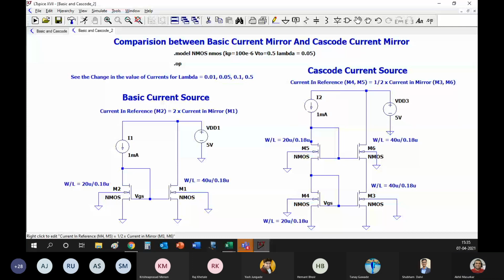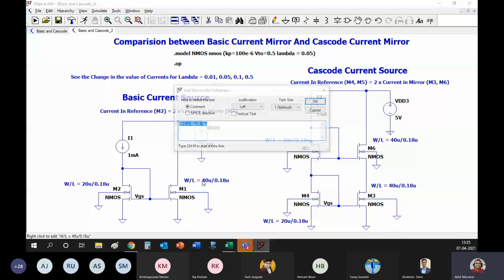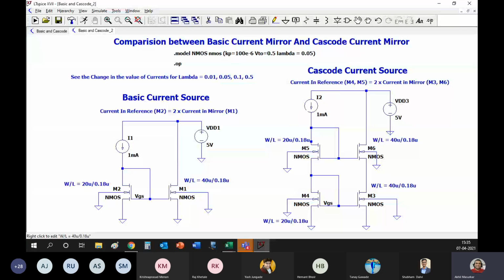Now here we will make this as 10. Now why we are naming it is because those values of W/L are not visible on the outside.